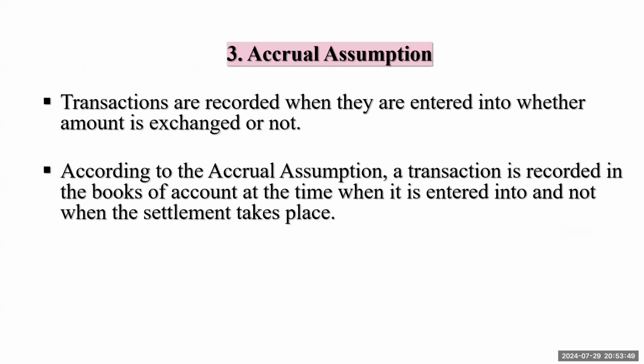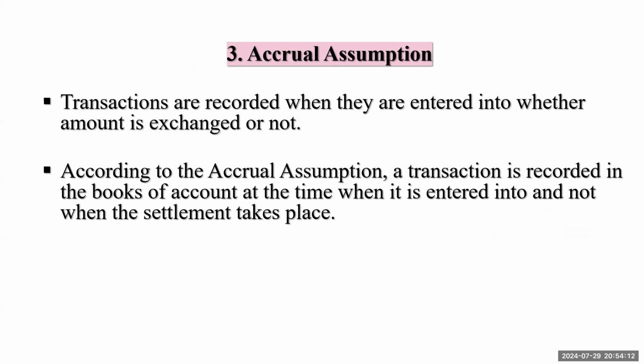You have not paid the money. The amount has not been exchanged. The machine has been purchased on credit basis and the amount will be paid after 2 or 3 months. So when are you going to record this transaction? On the date of purchase or on the date of payment?